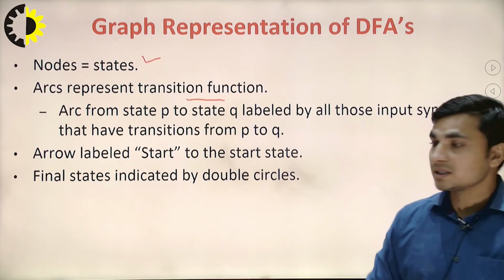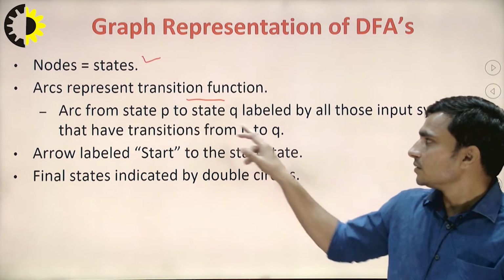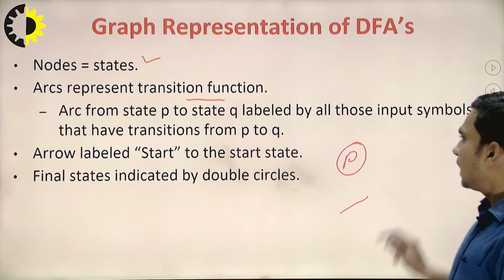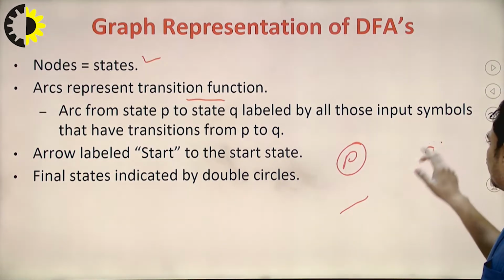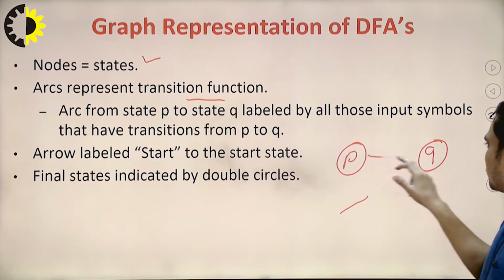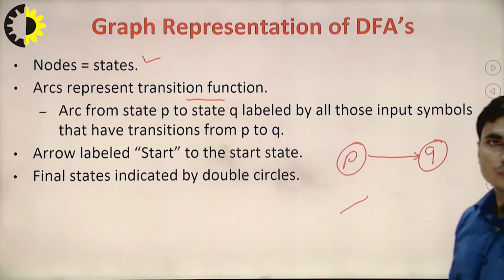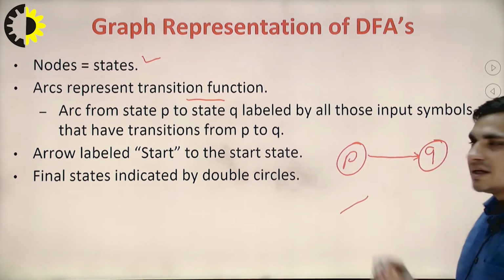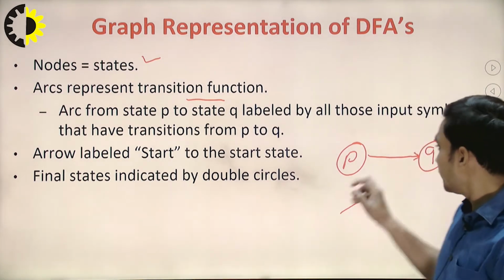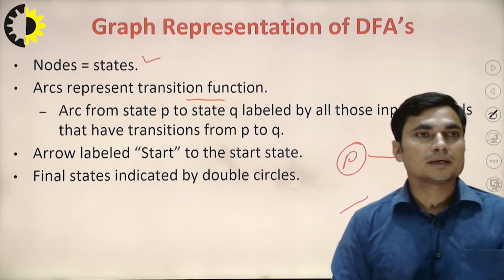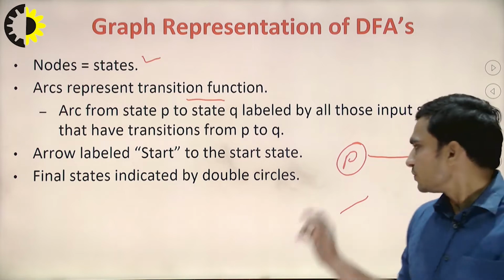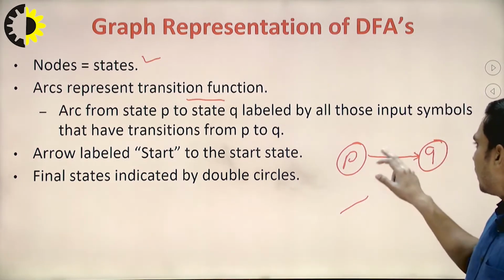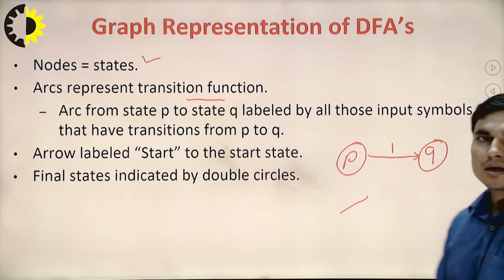So if we have a state P and a state Q, and there is an arc from state P to Q, then there must be a certain input which we read at state P. This input will be labeled on this arc.